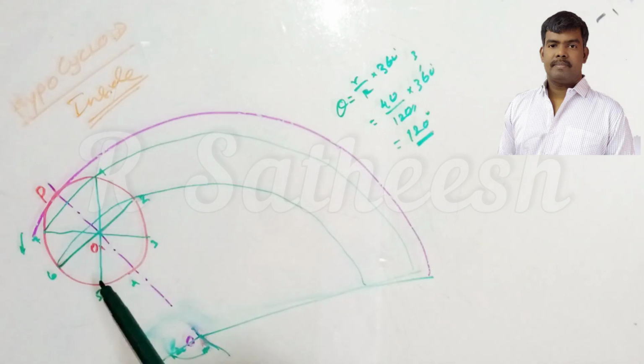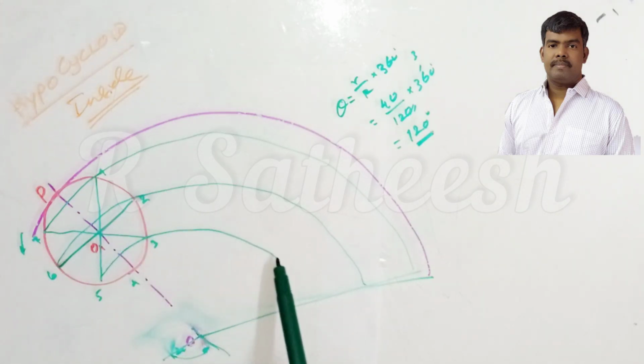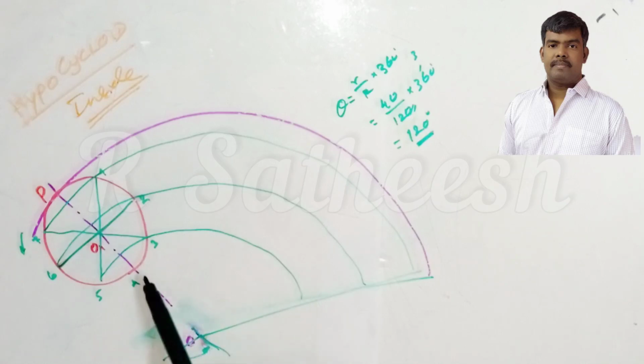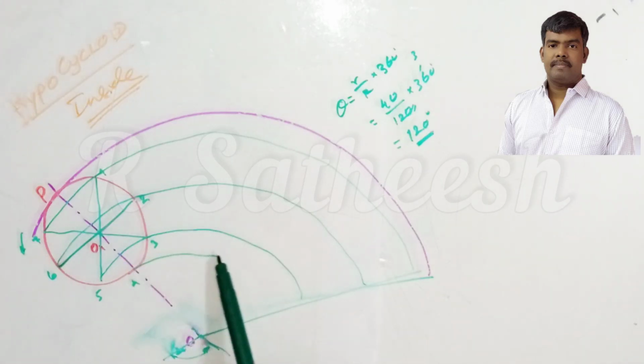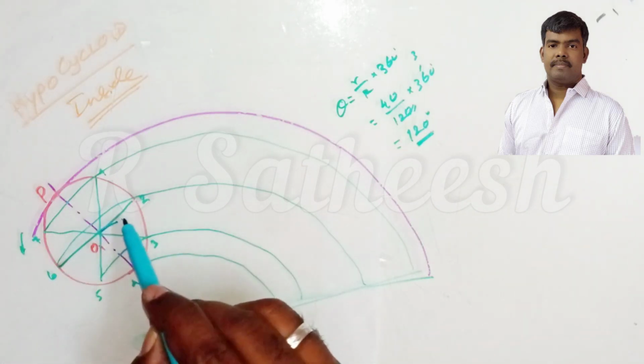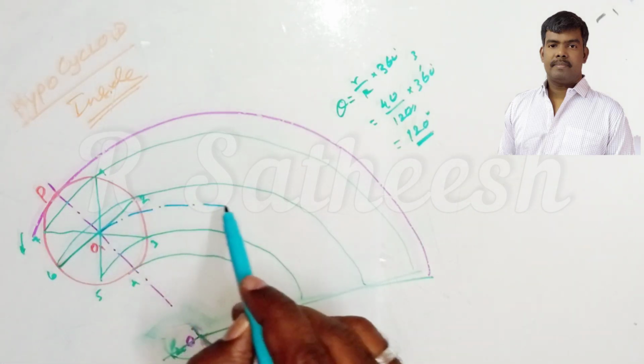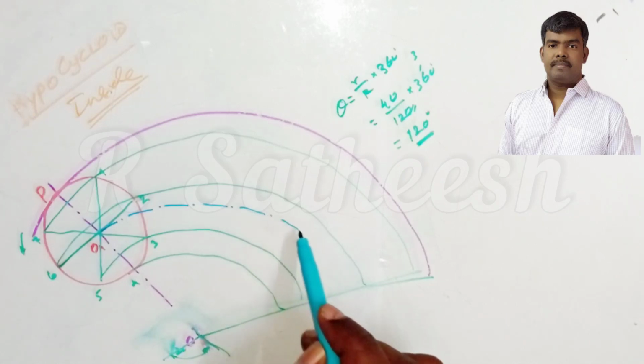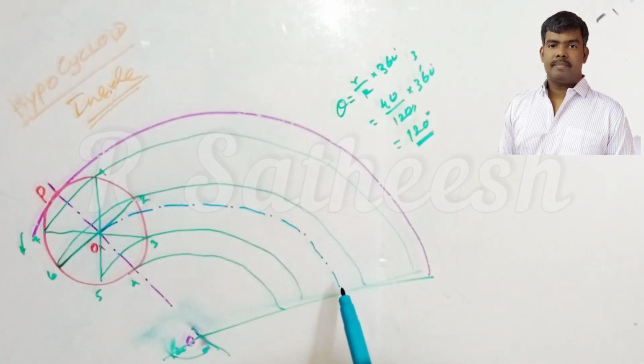Next, O to 5 as the radius, you draw one arc that passes through number 3. Next O to 4 as the radius. Clear? Now here the center line is also there. So O to O1 as the radius, you draw one arc. It is the center point, so the center line curve is like this.